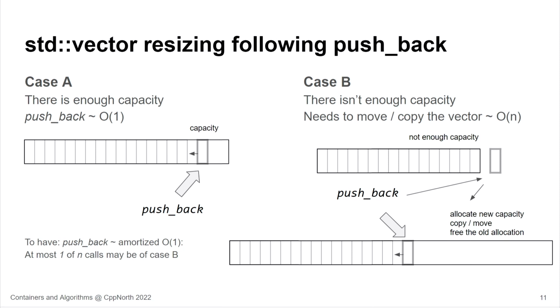And by resizing, we have a new allocation and we need to copy the elements from the old allocation to the new allocation. And if we have n elements in the old allocation, we copy n elements to the new allocation, which means a linear complexity, O(n). Now, so how can we come to O(1)?